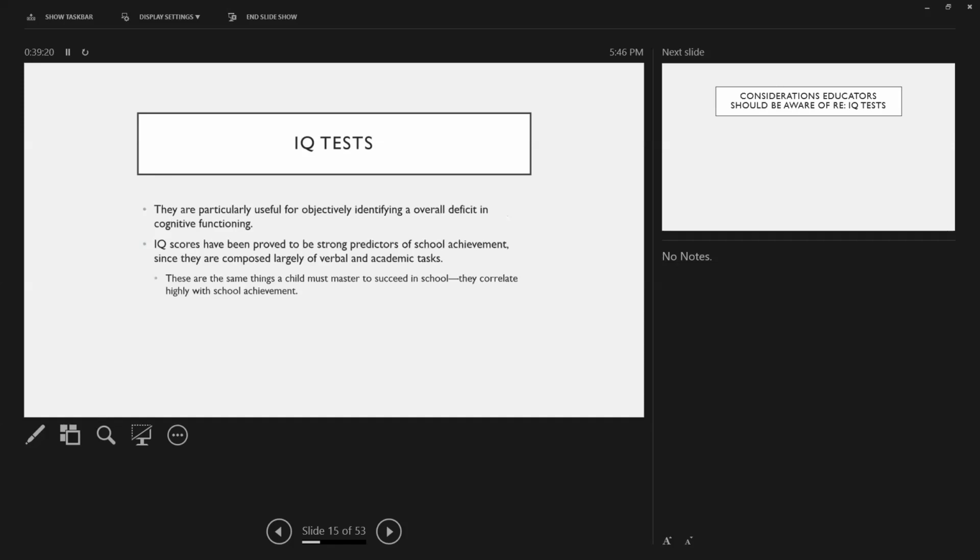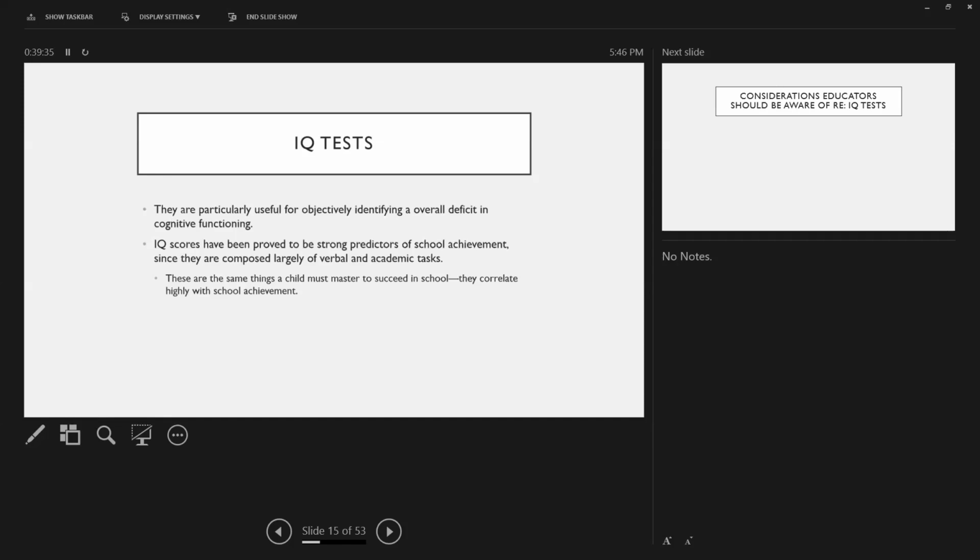So just a bit more on IQ tests. They are useful for objectively identifying deficits in cognitive functioning. And they do bear strong relationships to, and are predictors of, school achievement.